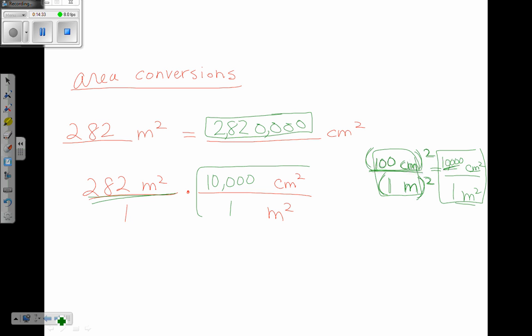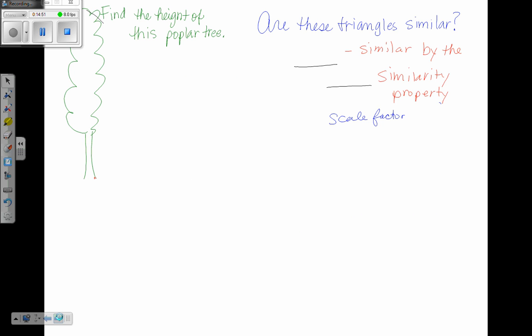And I used that fact over here to figure out my final answer. Because in order to convert from meter squared to centimeter squared, we have to have square measurements. So 282 times 10,000 is 2,820,000 centimeters squared. So study that.